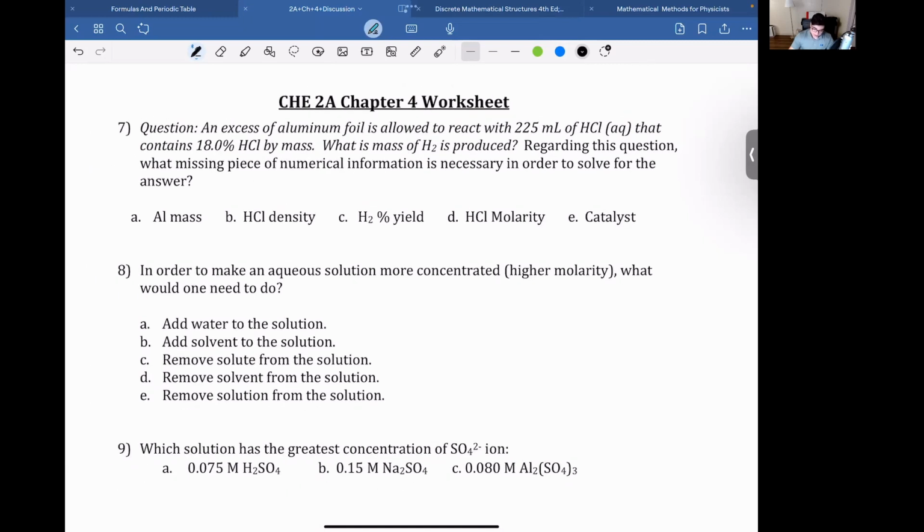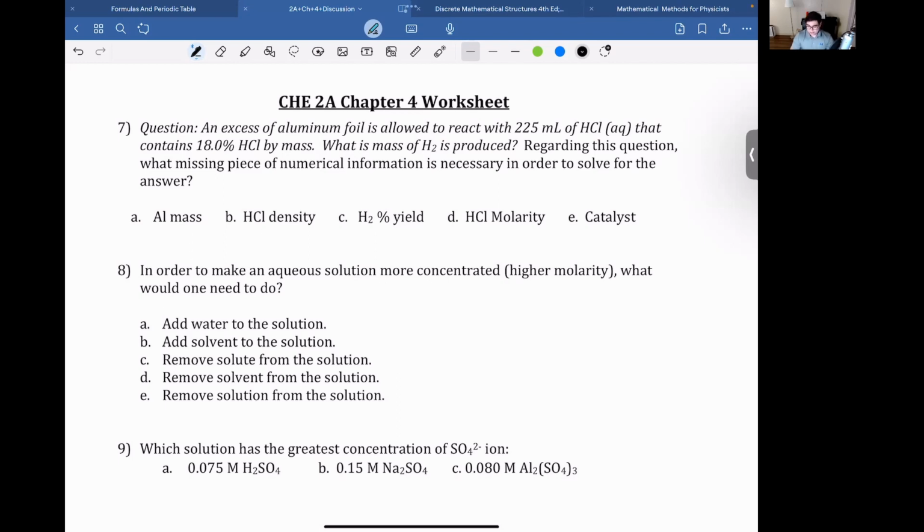7, it says an excess of aluminum foil is allowed to react with 225 milliliters of HCl, that's aqueous, that contains 18% HCl by mass. What is the mass of H2 produced? Regarding this question, what missing piece of numerical information is necessary in order to solve the answer? Well, what would you need for this reaction?